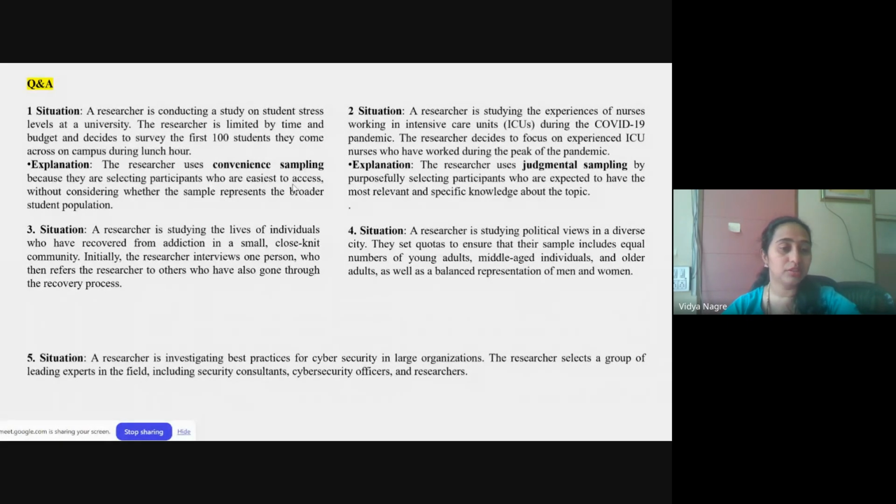Third situation: a researcher is studying the lives of individuals who have recovered from addiction in a small, close-knit community. What is the researcher doing? Initially, the researcher interviews one person who then refers the researcher to others who have also gone through the recovery process.